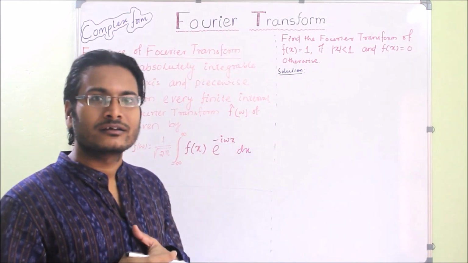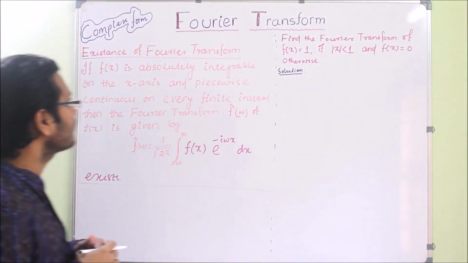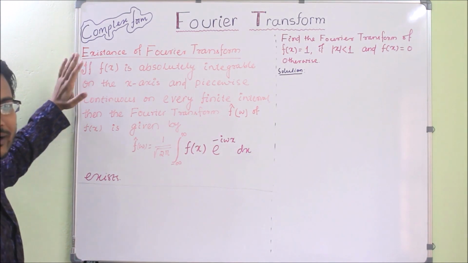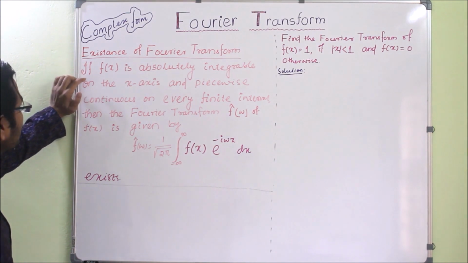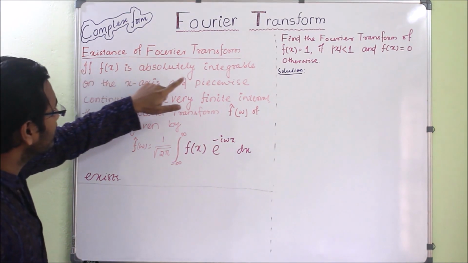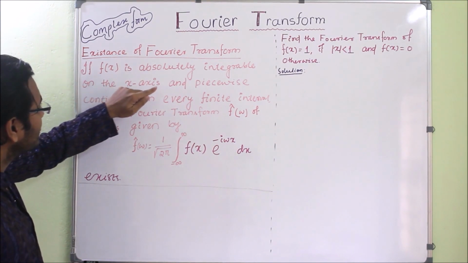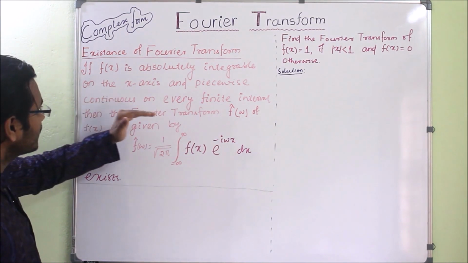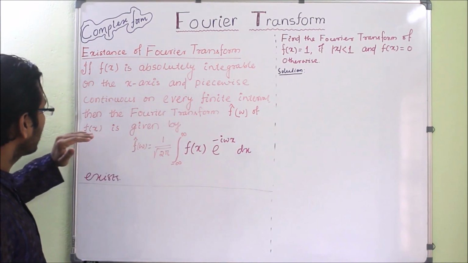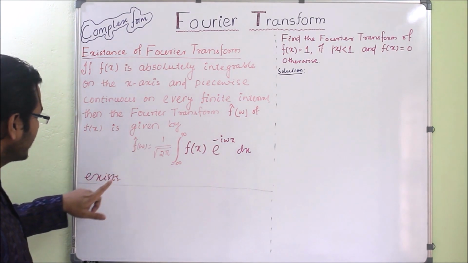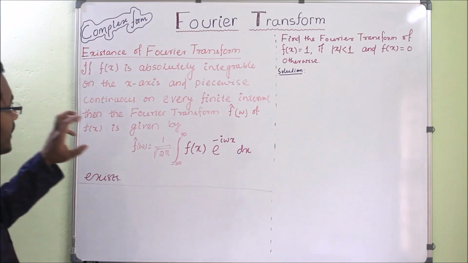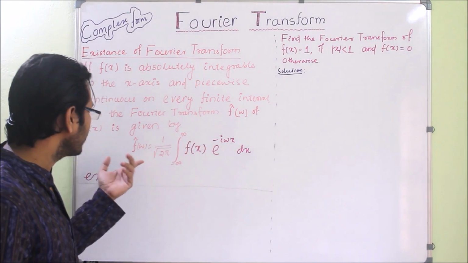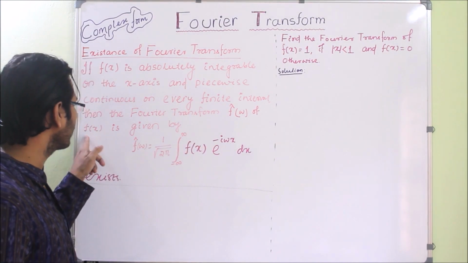So let us start the lecture with the existence of Fourier transform. For existence, what is the statement? Let us read that statement. The statement is: if f of x is absolutely integrable on the x-axis and piecewise continuous on every finite interval, then the Fourier transform f cap of f of x, given by this, exists.